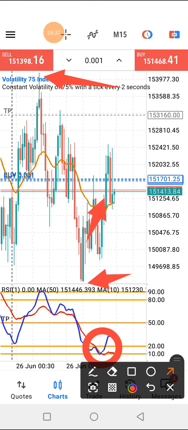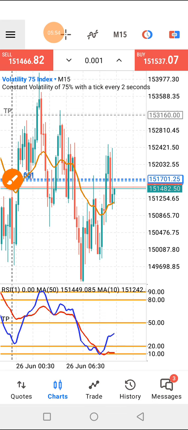Exactly, because I'm scalping. So that is my focus for now. So when price is here, I can close the trade or I'll do what is called a break even. Exactly, guys. So that is for a buying scenario.